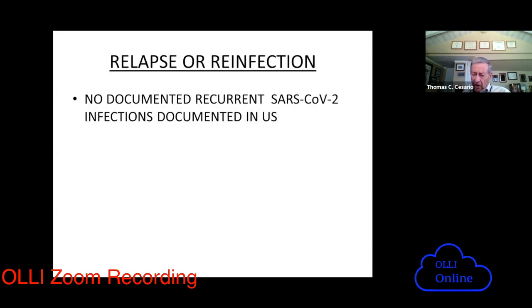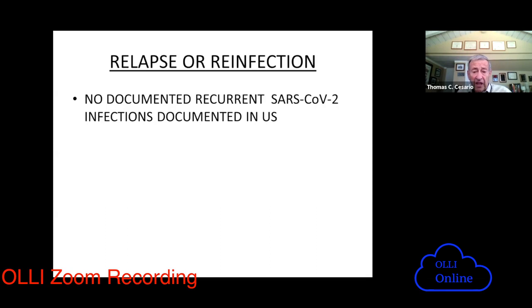Now, common questions. I've had it once. Can I get it again? We don't know the answer to that. But so far in the US, we have never documented with certainty anybody who's gotten it twice. We do know that you will develop antibodies universally after you get sick. There are exceptions to that, but those people whose antibodies we can't measure, in many cases have evidence of cell-mediated immunity directed to the virus.